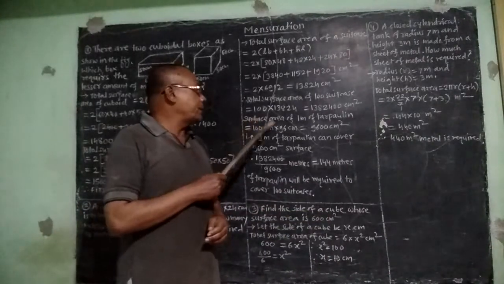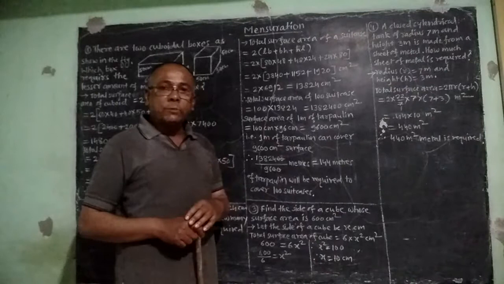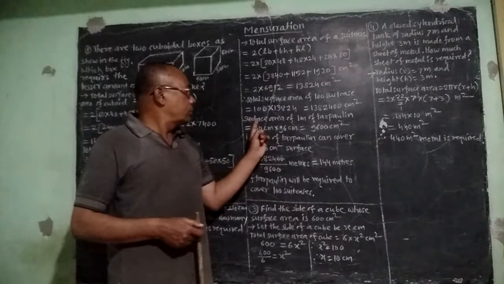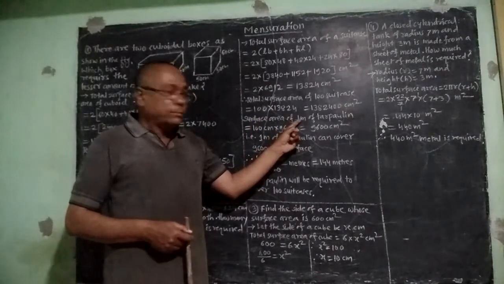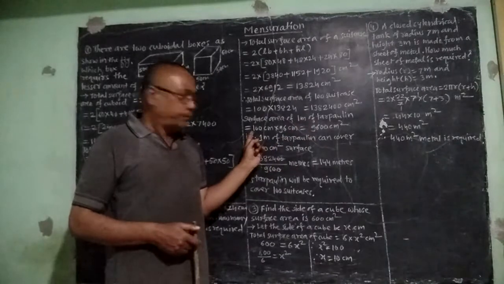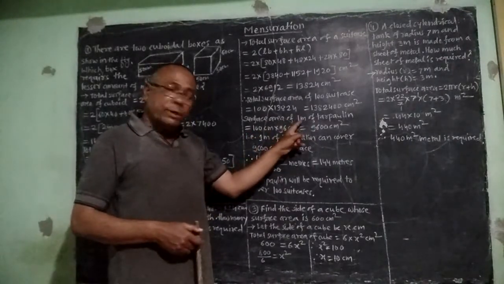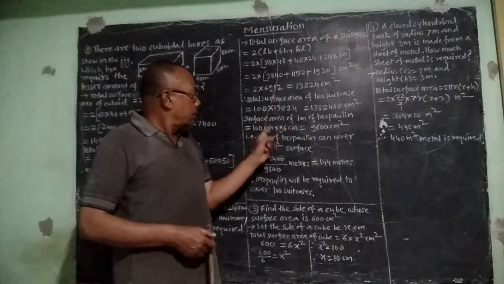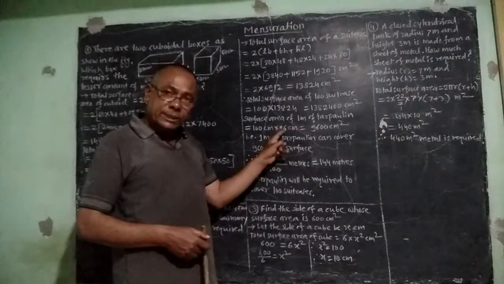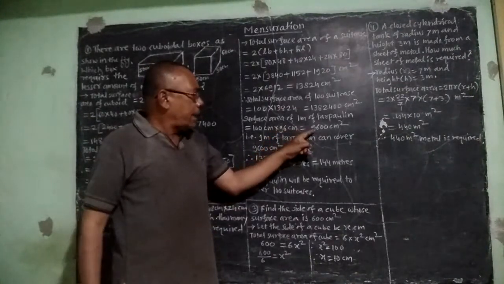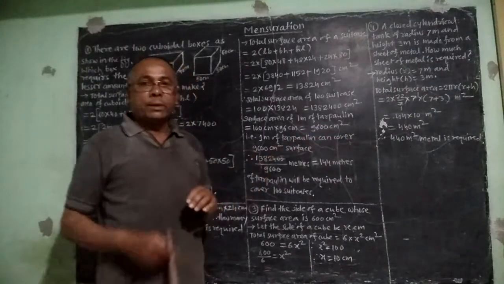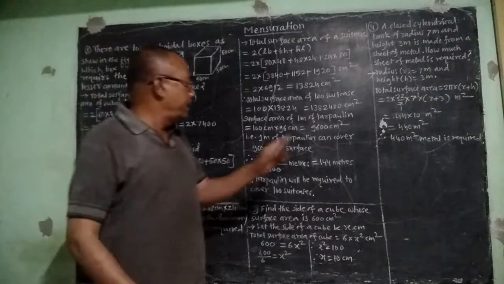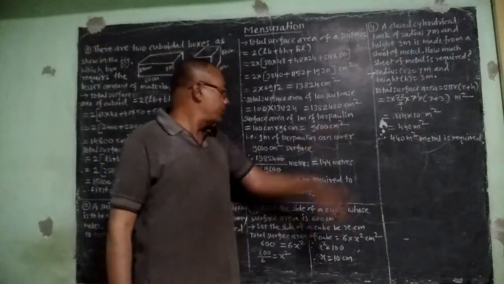Now we have to find the surface area of 1 meter of tarpaulin. 1 meter is converted into centimeter, that is 100 centimeter into 96 centimeter, so it will be 9,600 centimeter square, means area of 1 meter tarpaulin cloth will be 9,600 centimeter square.